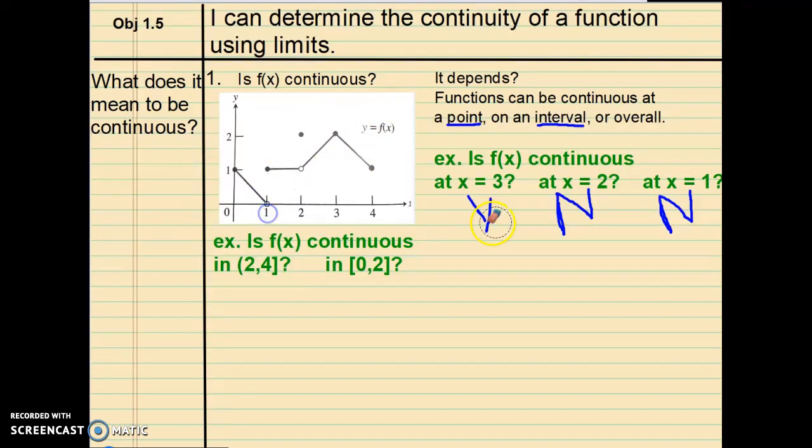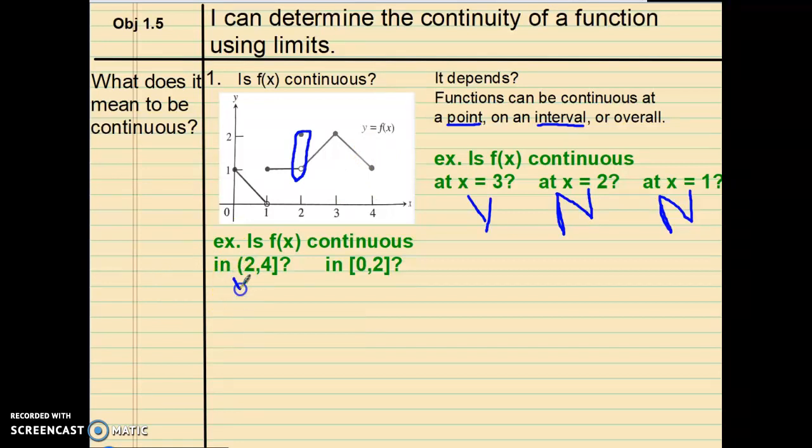So the three questions we answered before were specifically at a point. We're now going to be asked about intervals. So what about from 2 to 4? Well, from 2 to 4, everything seems good, except there's an issue here at 2. But if you notice, the interval doesn't include the 2, so everything between 2 and 4, including the 4, looks to me continuous, no disruption. I would say yes.